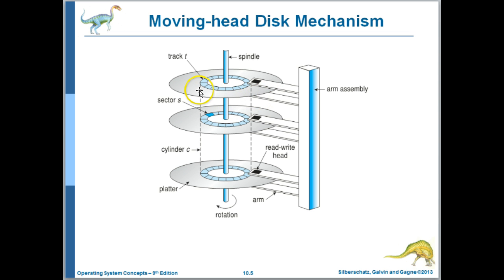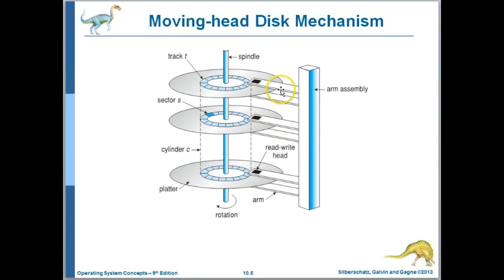The data is stored in concentric circles called tracks. A track is broken into a number of sectors, and we've been talking about page sizes of 4K or larger. When we talk about disk management, we'll talk about block sizes of a particular size. A physical sector on a disk drive is 512 bytes. That hasn't changed at all over the years.